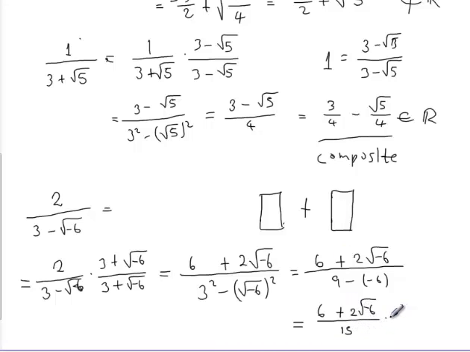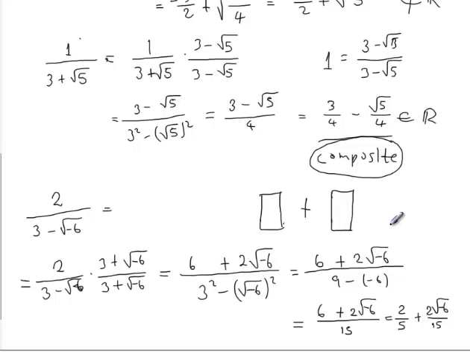Then we've got 6 over 15, which is actually 2 over 5, a rational number, real number, plus some piece of non-real over 15. And again, this is a kind of composite entity.